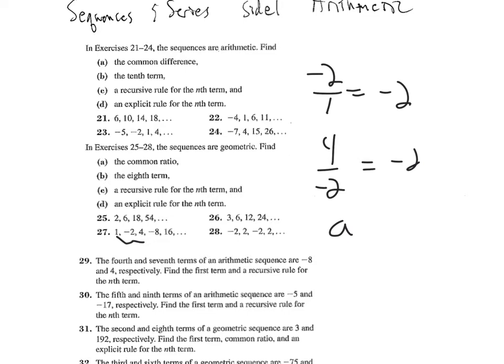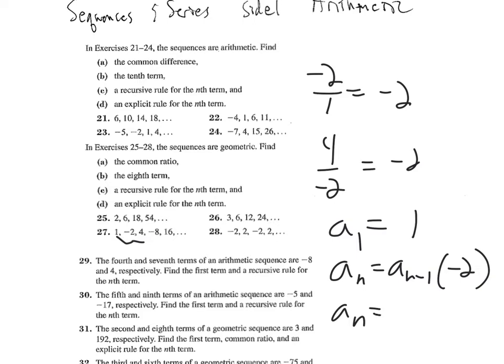So the recursive rule, a sub 1 is 1. A sub n equals the last term times negative 2. The explicit rule is a sub n equals 1 times negative 2 to the n minus 1. And then for the 8th term, it's the same thing.